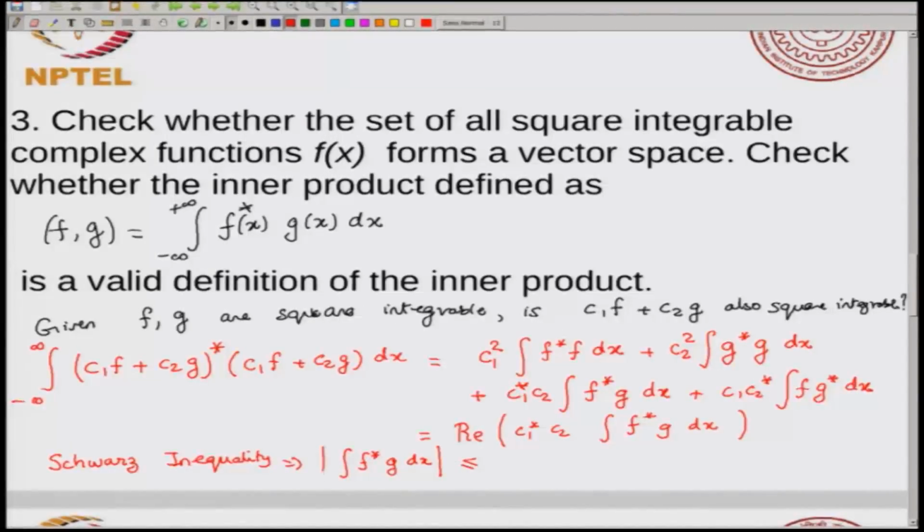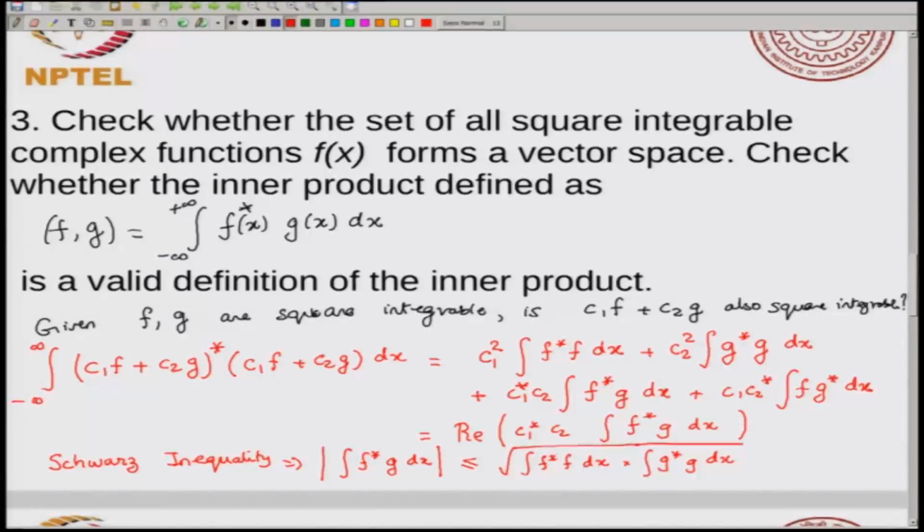So the absolute value of this is less than or equal to the square root of integral f star f dx times integral g star g dx. Okay. We will show this in the next problem, but the basic idea is that this integral, where you have f star and g, is less than the product of f star f and g star g, under the square root sign.